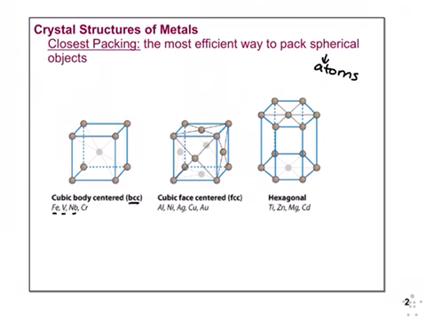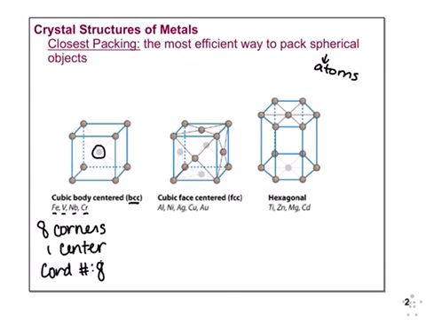Iron, vanadium, niobium, and chromium display cubic body centered. In these, we have atoms at 8 corners, and then 1 located in the center. And then the coordination number for each of the atoms is going to be 8 in this particular closest packing structure.